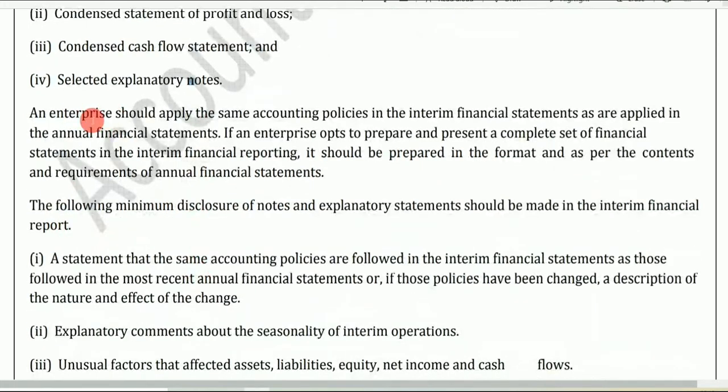An enterprise should apply the same accounting policies in the interim financial statements as are applied in the annual financial statements.